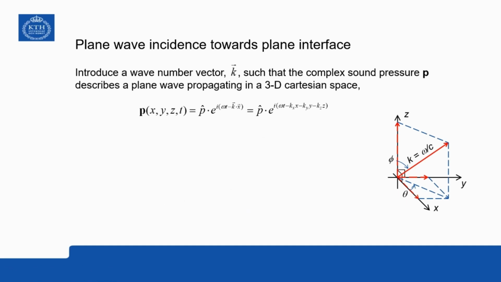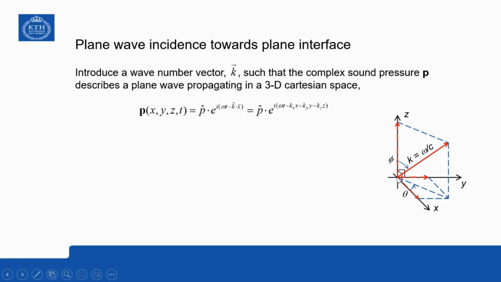So in general terms, we have this wave number vector, and the magnitude of this wave number vector, the length of the vector, must be equal to omega, 2 pi times the frequency, over the speed of sound c.